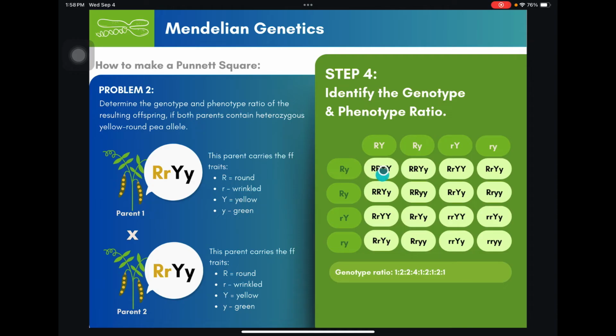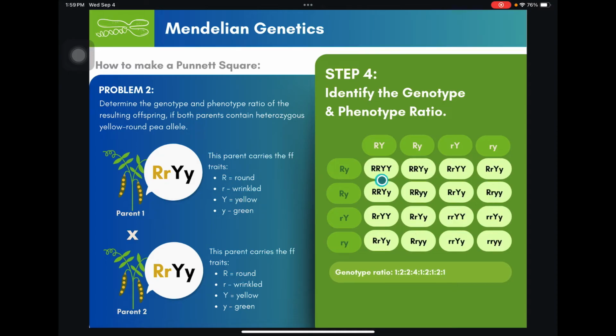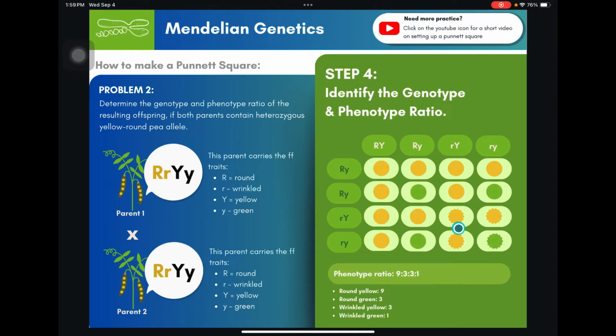For example, in this one, this is dominant R and dominant Y. With that being said, this offspring or this possible gamete combination will have a phenotype of round and yellow, as represented by this one. On the other hand, in this example, we have recessive R and dominant Y. So that being said, this one will have a phenotype of wrinkled and yellow.